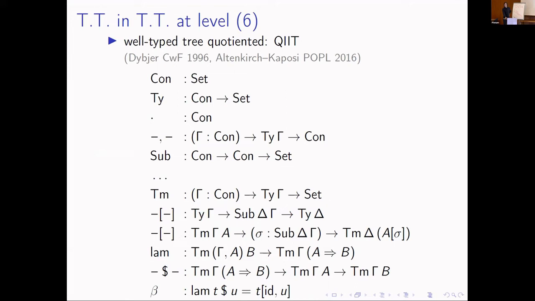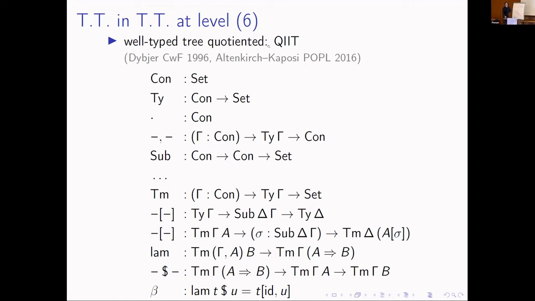So if you have a type in gamma and a substitution from delta to gamma, then you obtain a type in delta where this substitution is applied, and then you have a similar operation for terms, which depends on the substitution for types. And then you are able to state the equalities, like the beta equality.